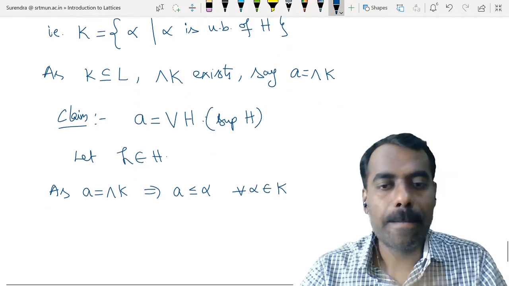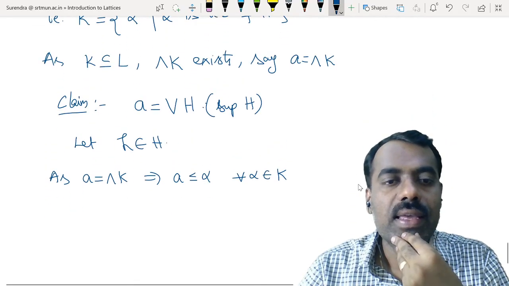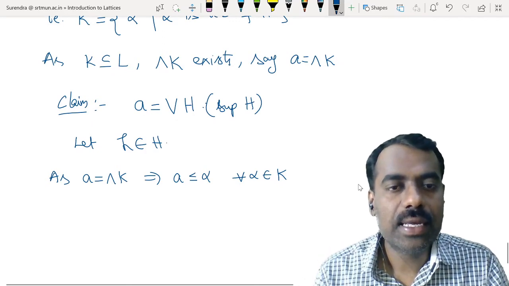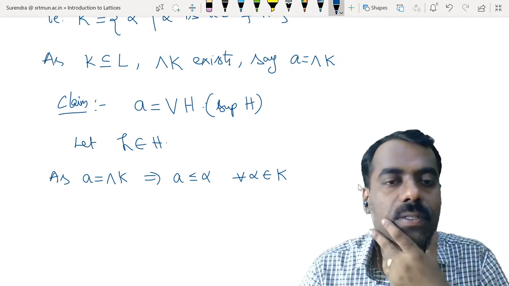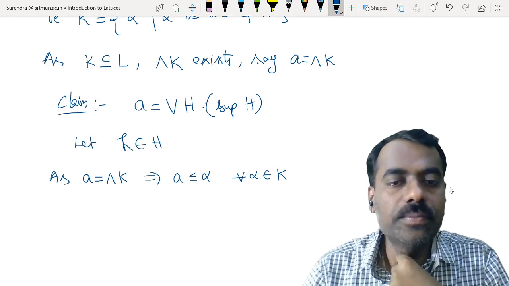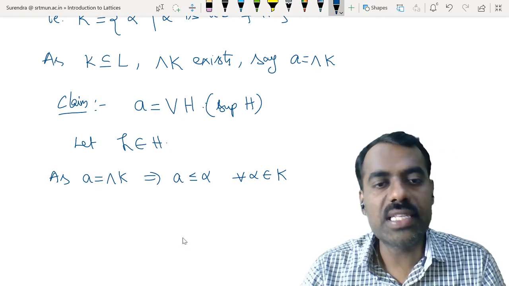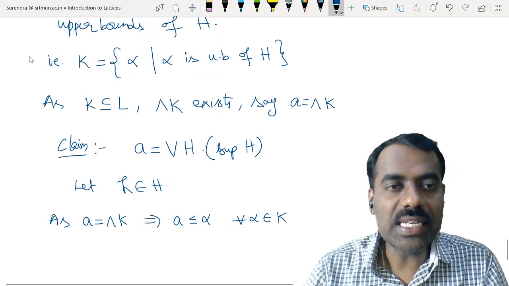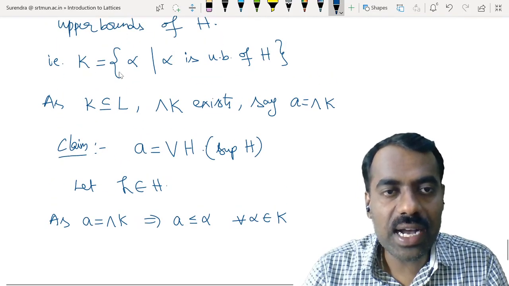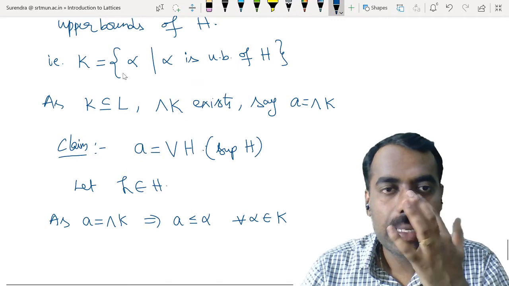Because A is the greatest lower bound, in particular it is a lower bound. Are you following? Now how will we relate this A and h? h is less than or equal to A, because A is the greatest lower bound of K, right?